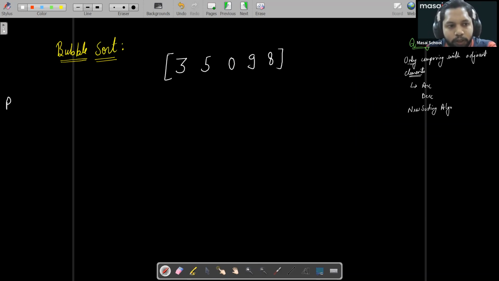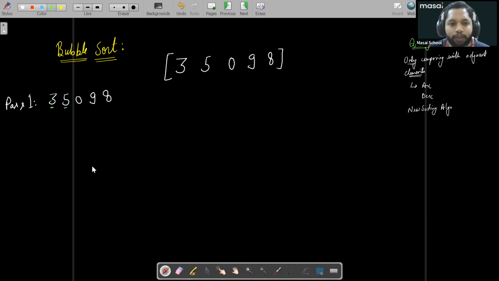So for pass 1, I will compare only. So, 3 and 5. Is 3 greater than 5? Mark my words, whatever I am saying, guys. Is 3 greater than 5? No. Do we need to swap it?